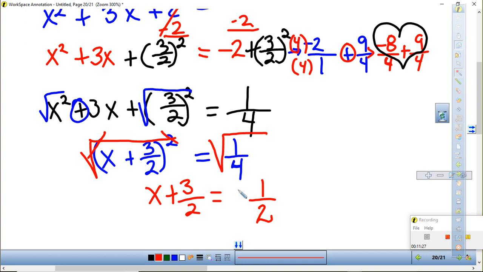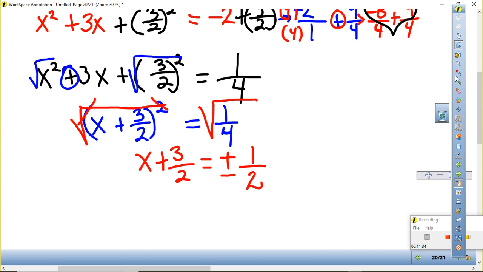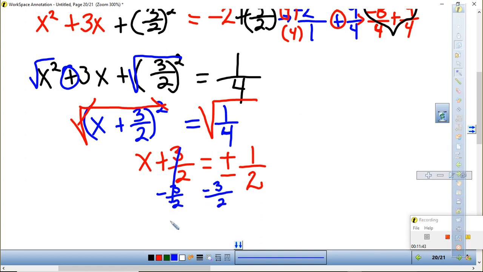And since we took the square root, we write it as plus minus. Now we solve for x. What do I do there? Minus 3 over 2, minus 3 over 2. This cancels. We're left with x equals negative 3 over 2 plus minus 1 over 2.